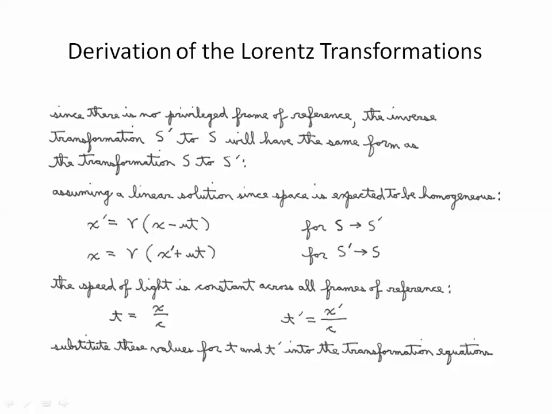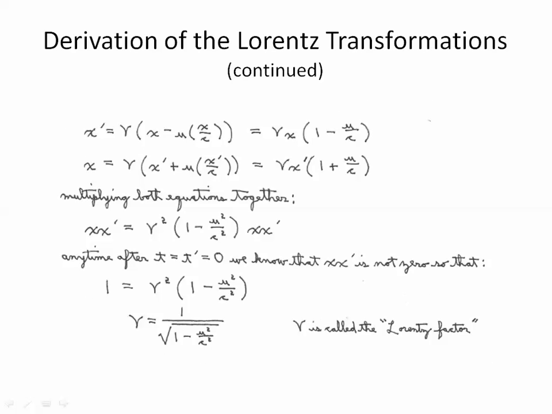We substitute the expression for t or t prime back into the expected result for the value of x or x prime. Once this substitution has been made, we can factor out the common x on the right side of the expression for x prime, and likewise the common x prime on the right side of the expression for x.